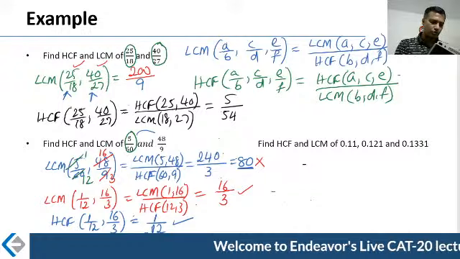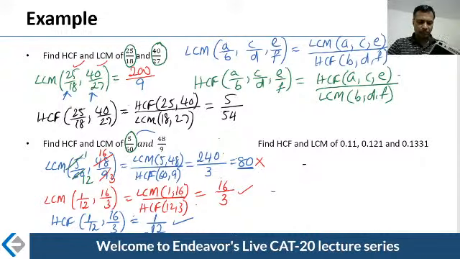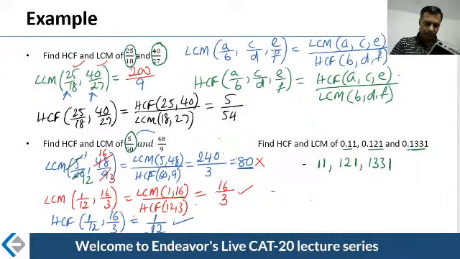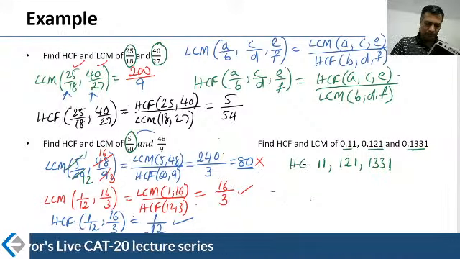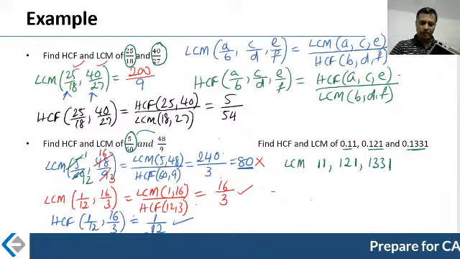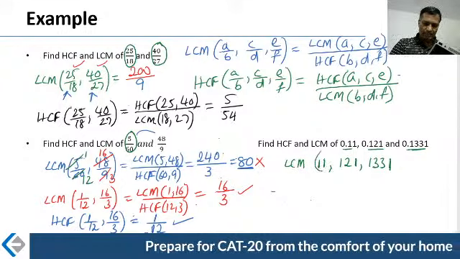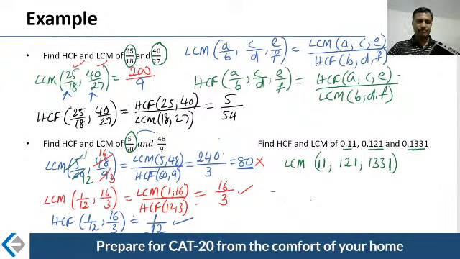Well, okay, let's go to the decimals. How do I find the LCM of the decimals? What if I have decimals? Assume as if there is no decimal there. Assume my numbers to be 11, 121, and 1331. While you are doing the LCM, assume as if there are no decimal points, take their integral part, and find the LCM there.